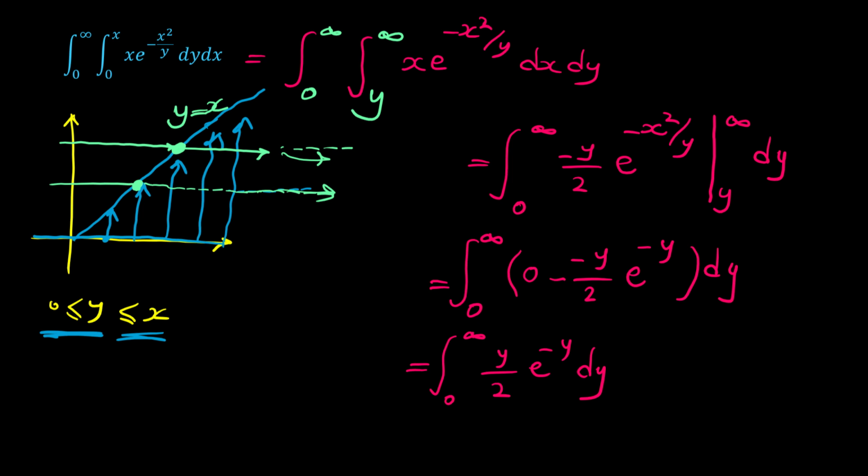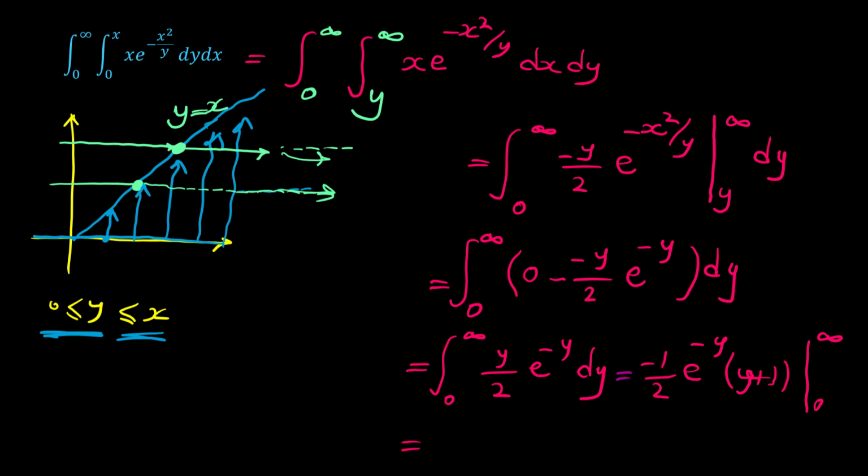For finding this improper integral, if we use the integration by parts method, we can simply see that this integral equals negative 1/2 e to the power of negative y times y plus 1, from 0 to infinity.